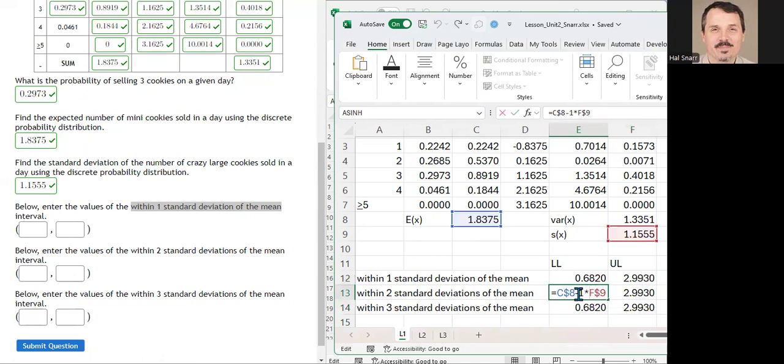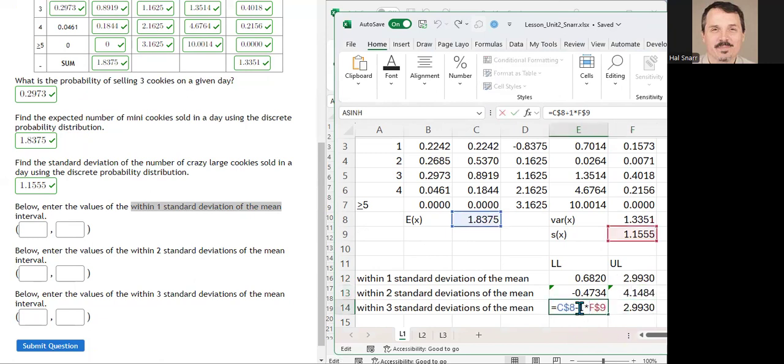Now I'm going to change the 1 to 2. So this is going to be 2 standard deviations below the mean, and this is going to be 2 standard deviations above the mean.